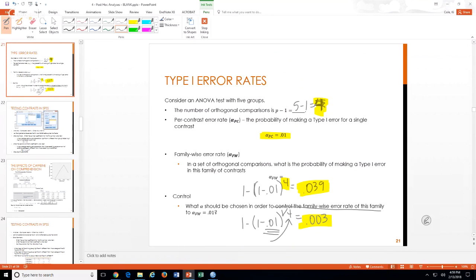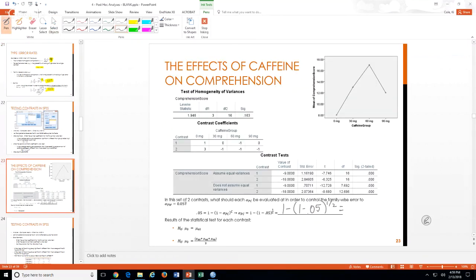We said, okay, we're going to do each of them at 0.003. So what we're doing here, we have 2 contrasts, so C equals 2, but I want to maintain the family-wise error rate to 0.05 for that set of 2 contrasts. So what should we evaluate each one of them at? 0.025. Somebody else?